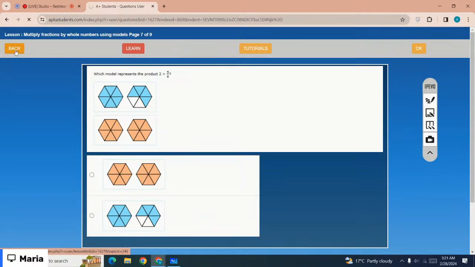What's wrong with this one? Still loading. Hold on.